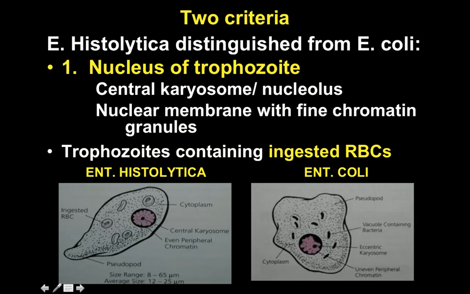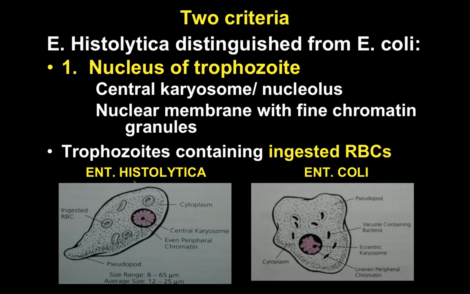On the other hand, with Entamoeba coli, the karyosome is eccentric in the nucleus, and the chromatin present on the nuclear membrane is coarse. It is much thicker as compared to what you see in Entamoeba histolytica.